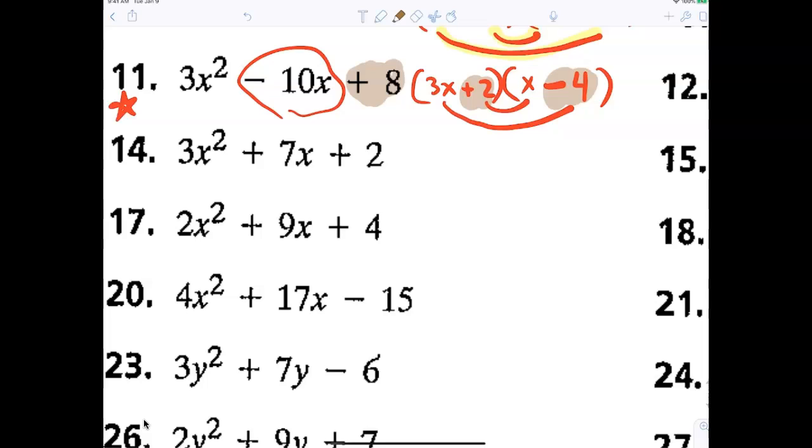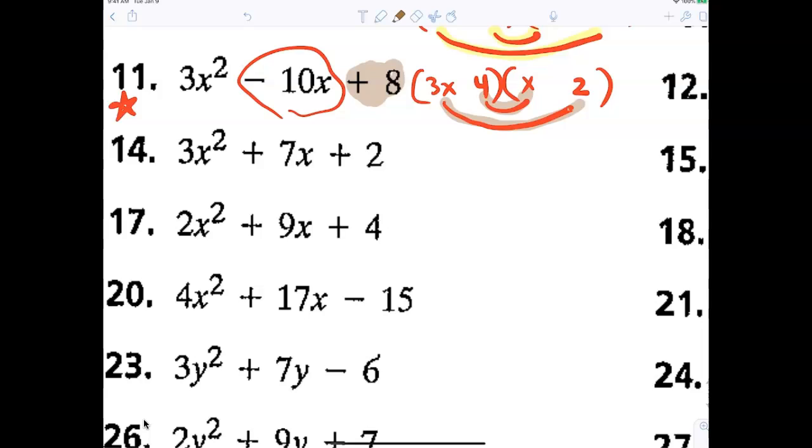So now instead of it being 2 and 4, I'm going to switch the 2 and the 4. So now watch what happens. I'm going to put the 2 on here and the 4 here. Now notice what happens. How much is this? 4x, and this is what?